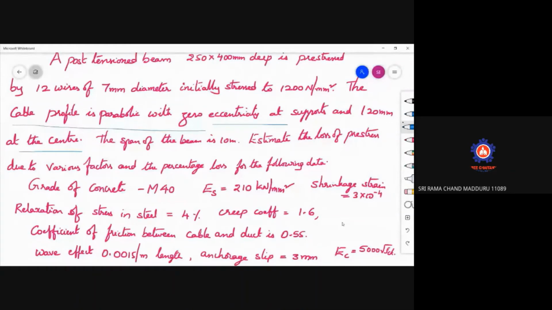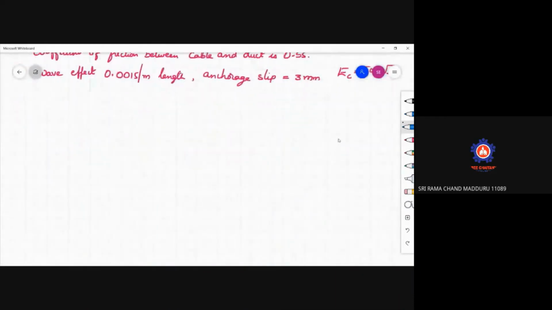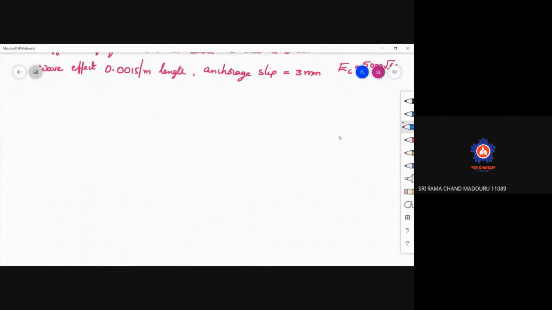So with this, first of all, write down the given data. You can observe here this is our cross section of the beam, and this is the length. This is the neutral axis.